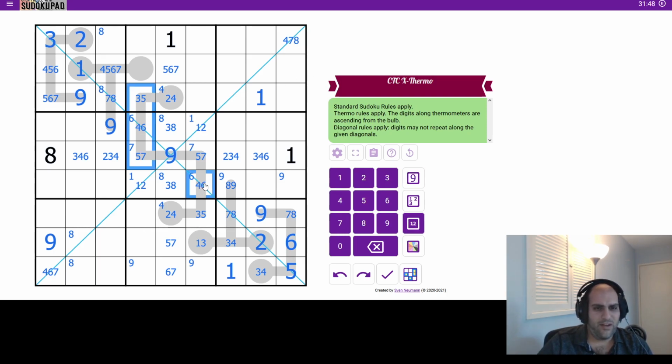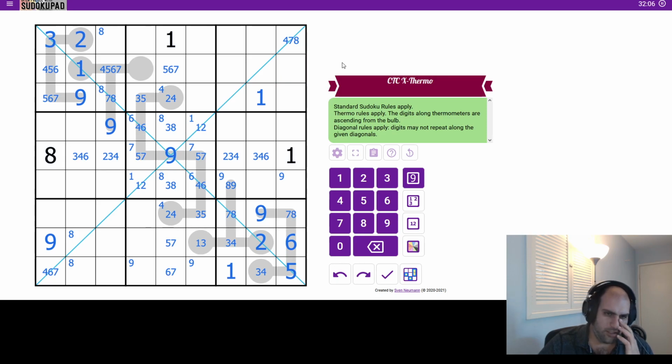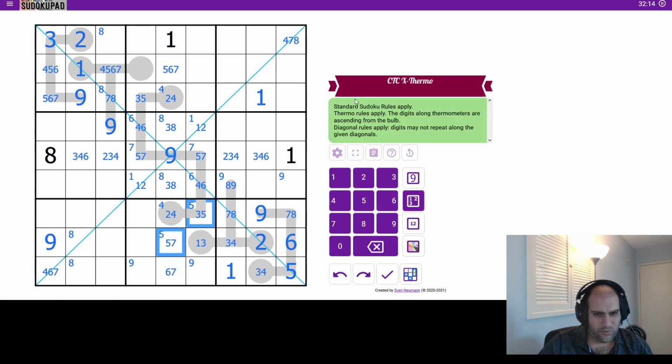I know that there's a 5 in this string regardless. Each of these strings has a 5. No, 5 is the only digit each of those strings has. So 5 is in one of these two squares for sure.